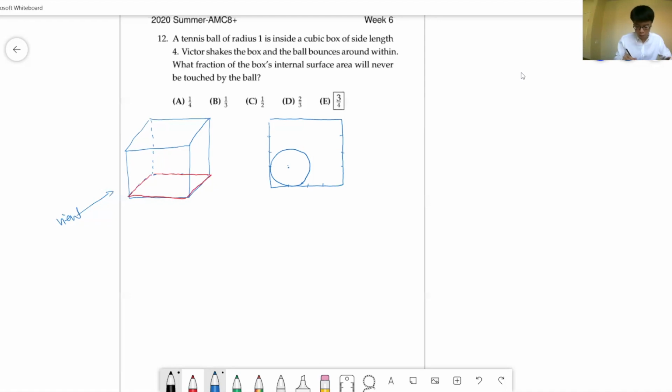The bottom of the tiny spore touches point here. And if moved to the right, the bottom of the tiny spore can touch up here. So the part that can be touched is this part, right? This part. This is just the front view. And if we view from different face, that's the same picture. Now let's consider the bottom surface.